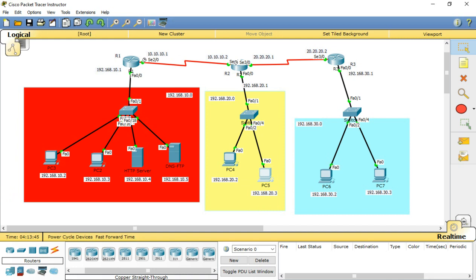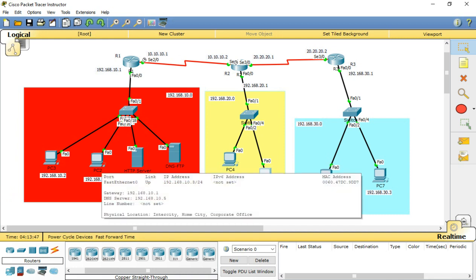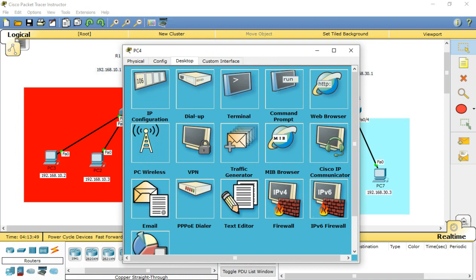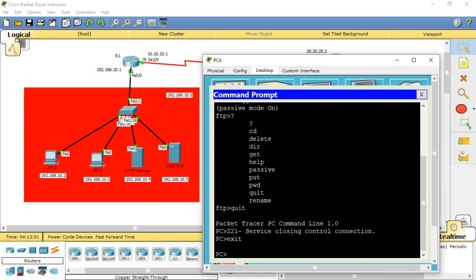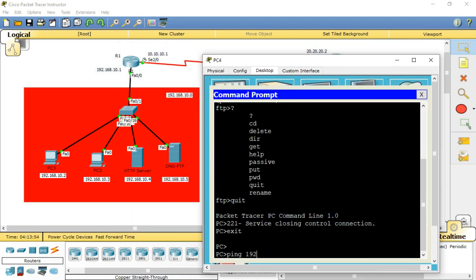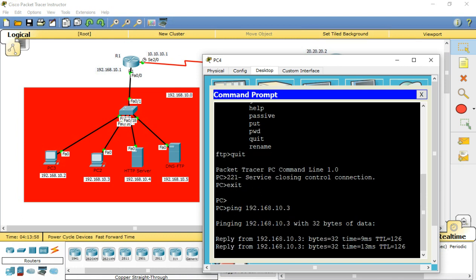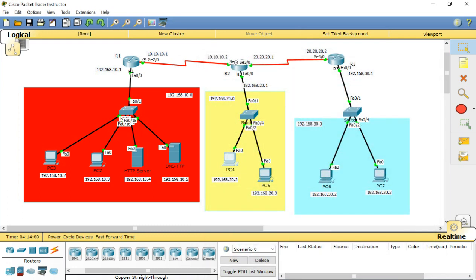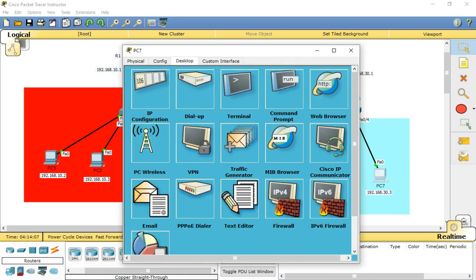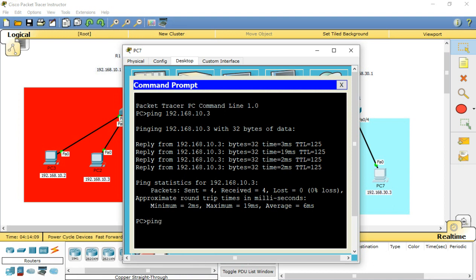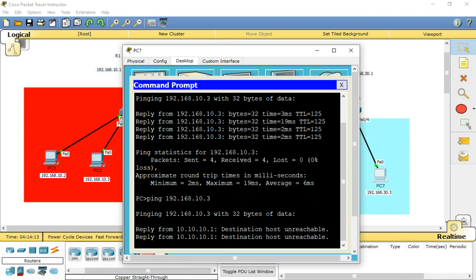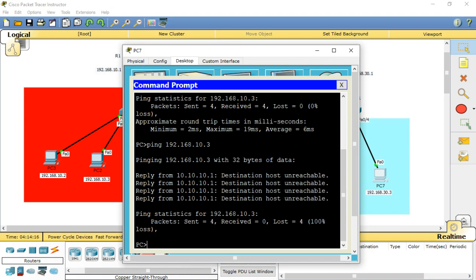This one can ping 10.3. It should work. So this PC can ping this PC, but we prevent 30.3. This one cannot ping this PC because we put some access for it. So ping 192.168.10.3. It should not allow. You can see that it gives us unreachable.